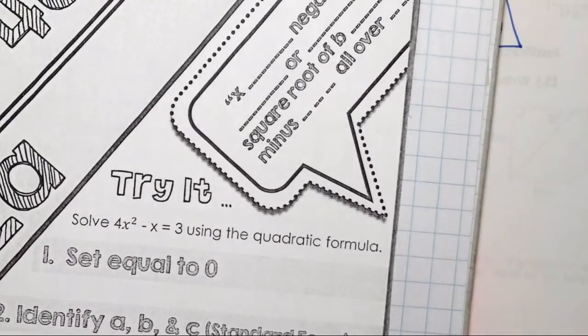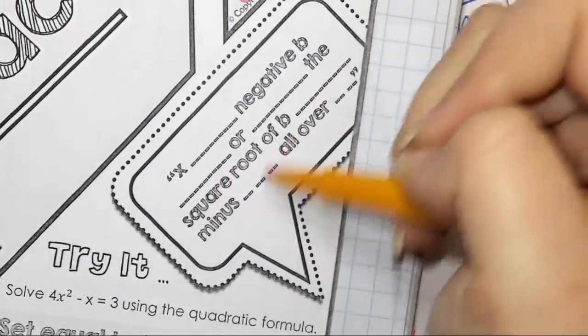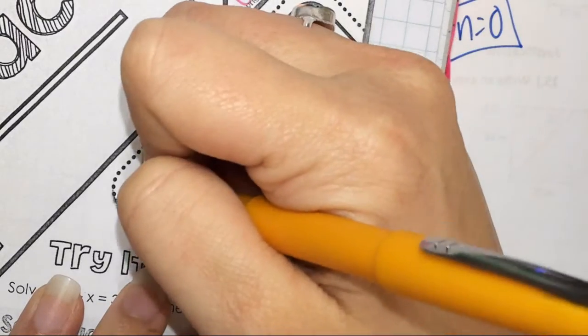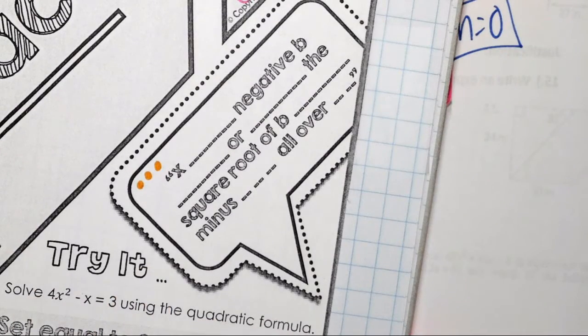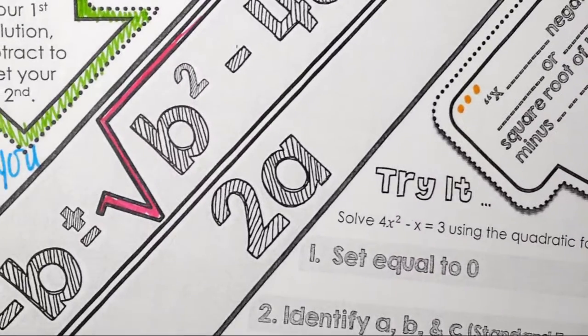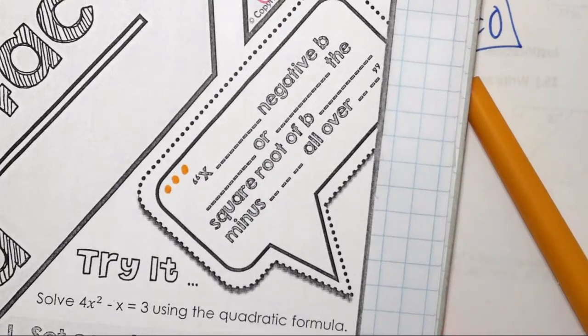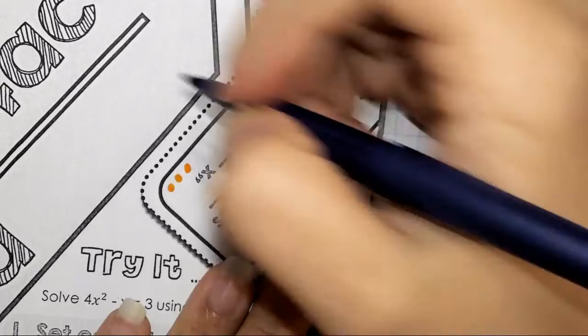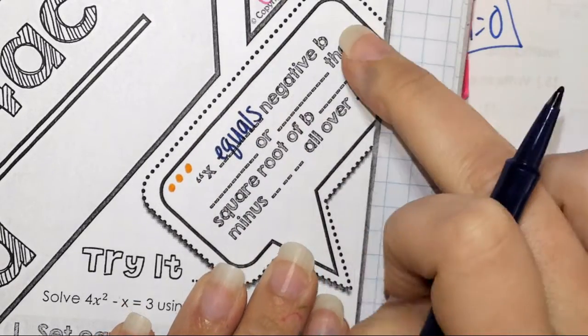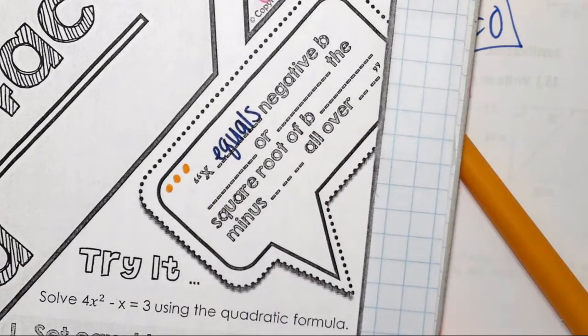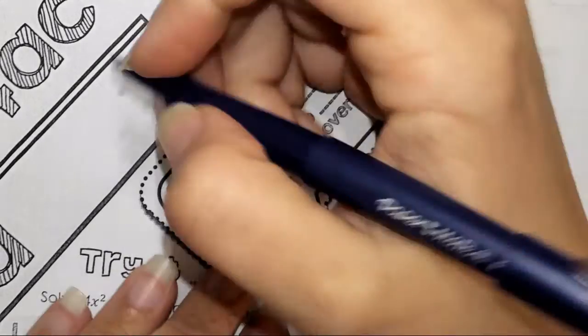Alright, so what goes in the blank here for our song? What came after X in the song? Okay, children. Look back at your formula. X equals negative B, and then what came next? Plus or minus.